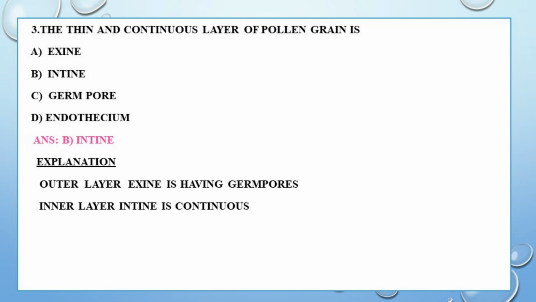The outer layer, exine, is thick, and also in between it is having germ pores, and the inner layer, intine, is smooth and continuous. So here answer will be intine. The thin and continuous layer of pollen grain is intine.